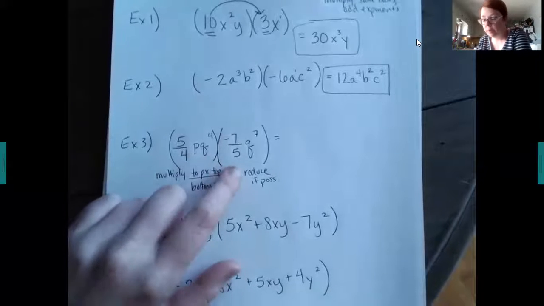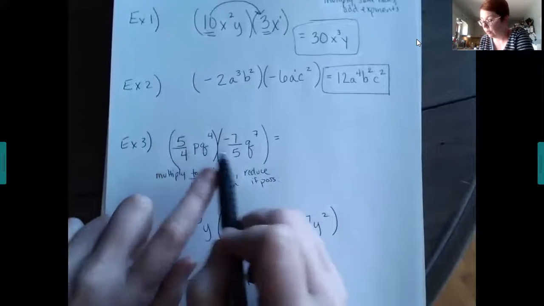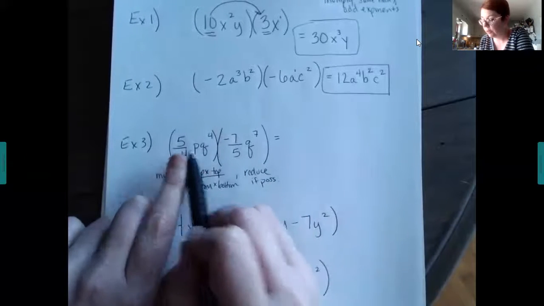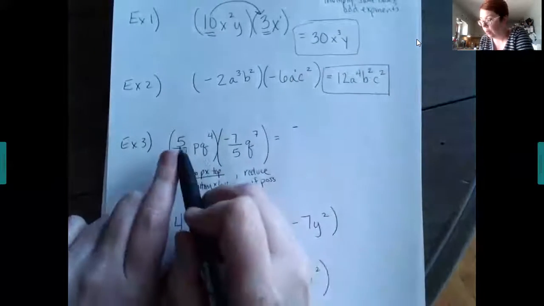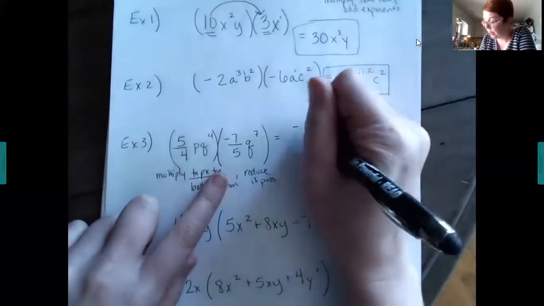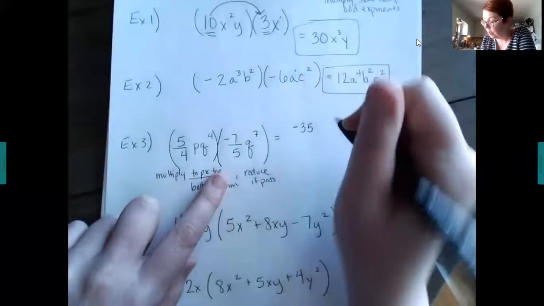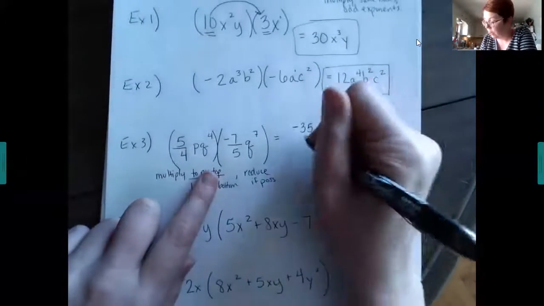So if we did it this way, we are going to take this number times this number. This is a positive times a negative, so our answer will be negative. 5 times 7 is negative 35. And 4 times 5 is 20.